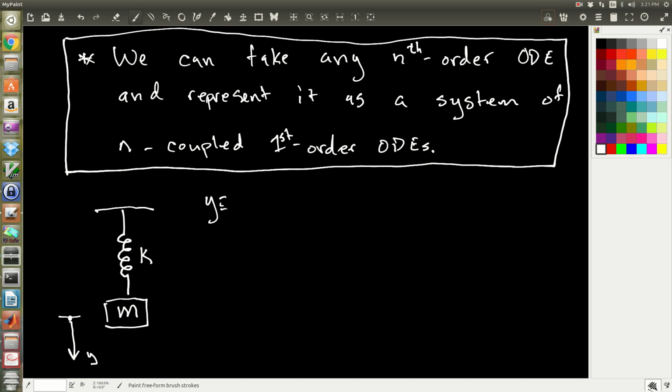So y is the displacement from equilibrium.